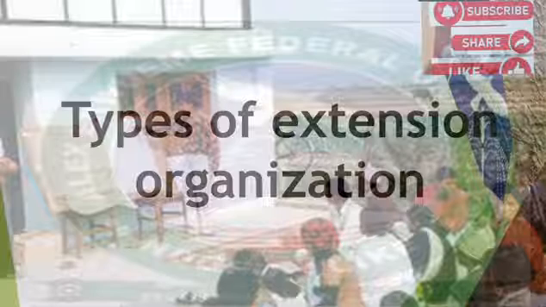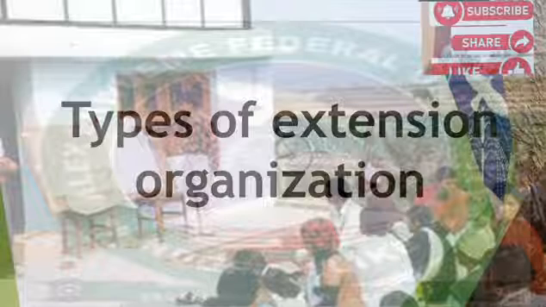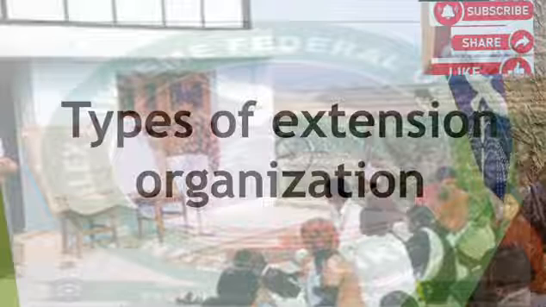Now, in cooperative extension service, members of a cooperative group can get together and then invite the extension agent or extension organization to work with their group. Here, farmers form themselves into cooperative groups and then extension works in line with that.